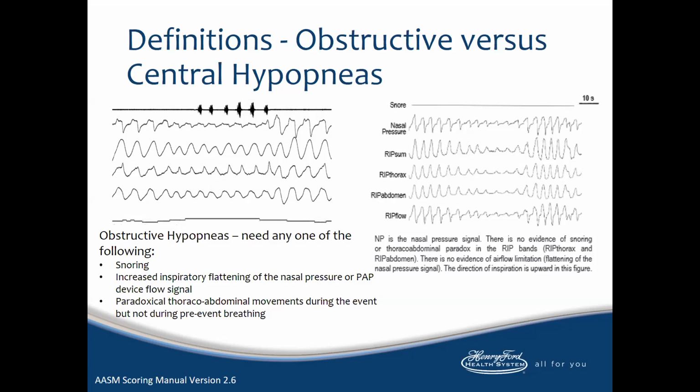Okay. All right, so you have an obstructive event over on the left-hand side associated with snoring in that top lead with reduction in the signal, but you still see inspiratory effort. I'm sorry, those are not labeled in the manual we had. And then on the right is more of a central event where you do see decrease in flow, or decrease in effort associated with that.